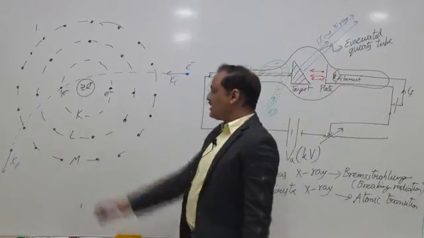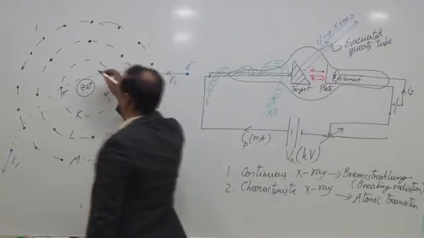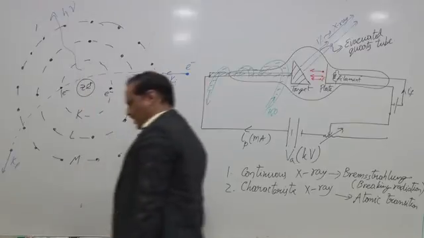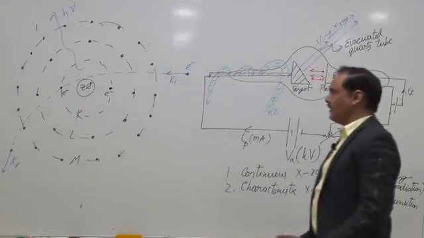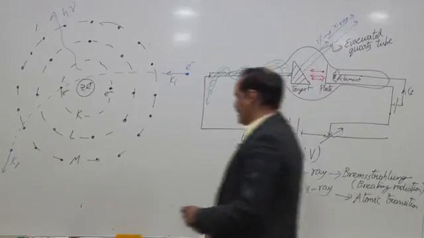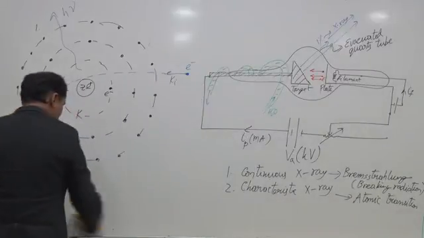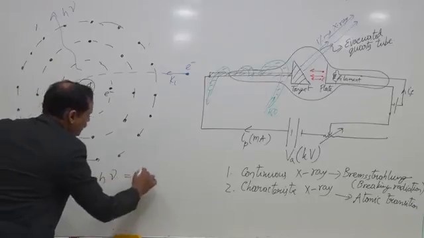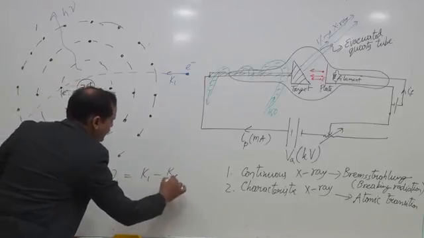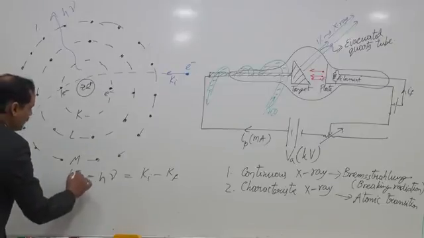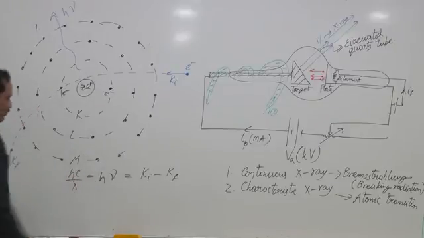So, it loses some part of its kinetic energy. That lost kinetic energy is emitted in the form of a photon of energy h nu. From conservation of energy, the energy of the emitted photon h nu is equal to Ki minus Kf. This is equal to hc upon lambda.